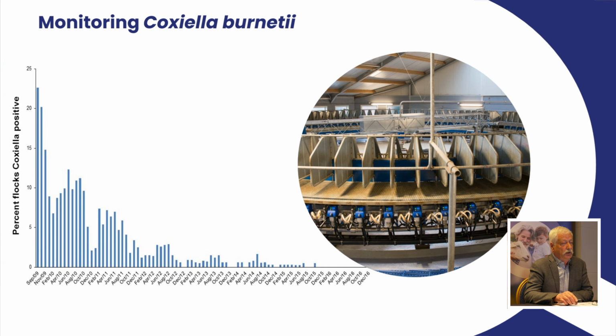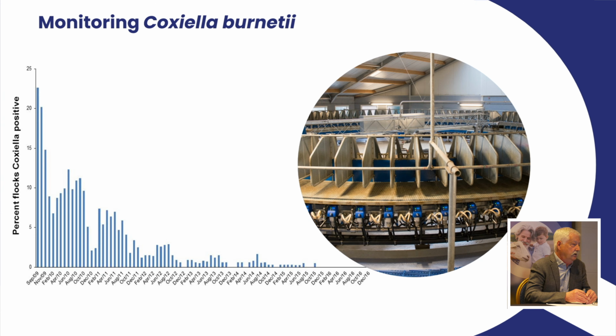What we also did to follow what was going on in the field, from October 2009 onwards, we started monitoring bulk milking samples using a PCR. It started in October 2009 and it's still going on.